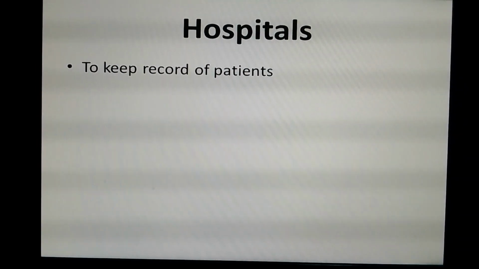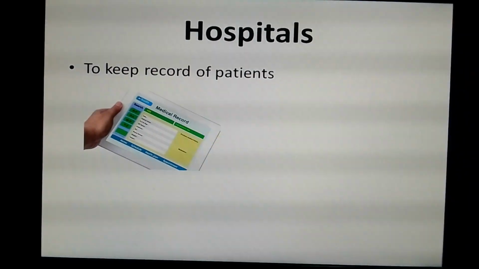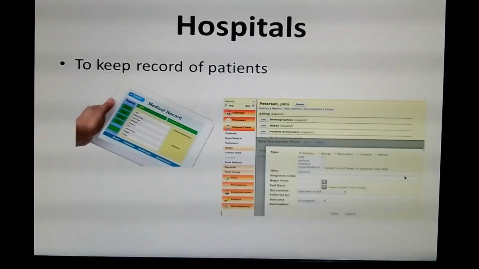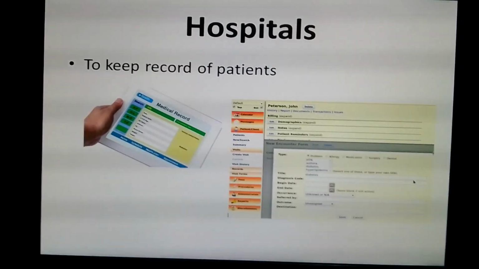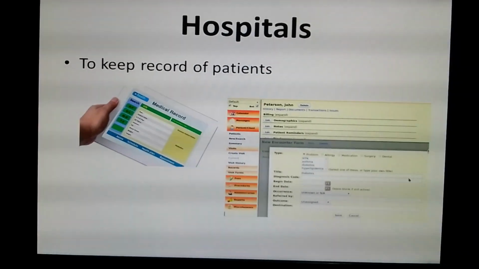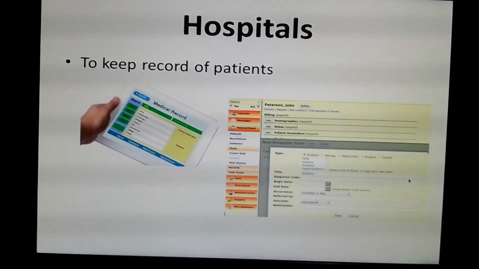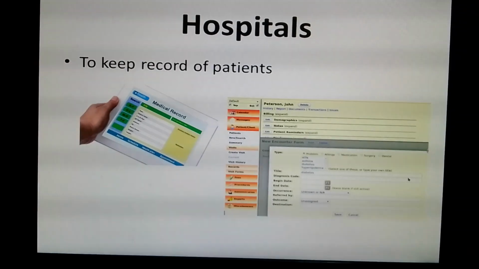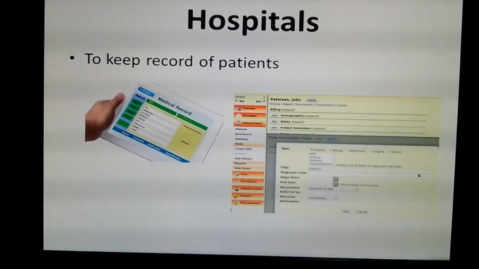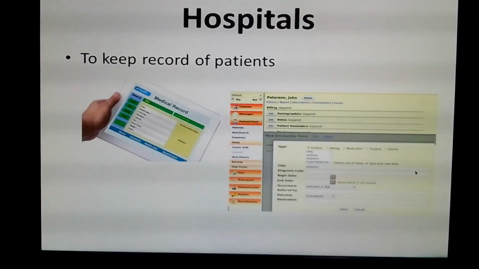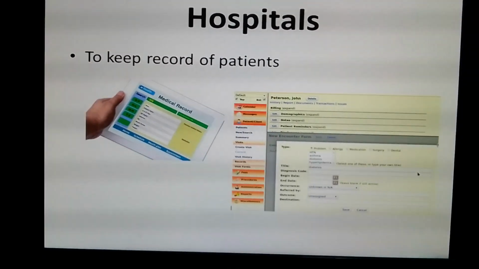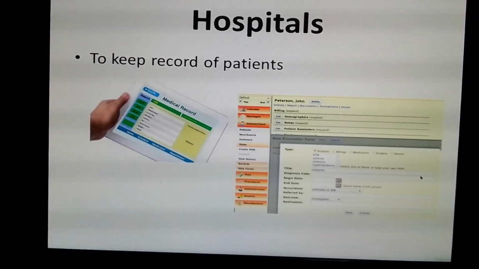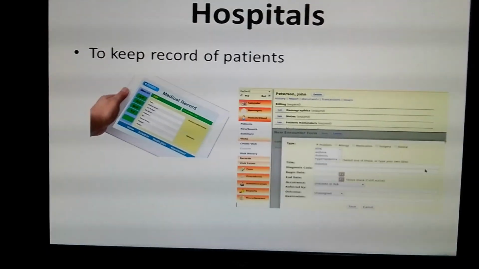In hospitals, computers are used to keep records of patients. When a person falls sick, he visits a doctor in a hospital or a clinic. There, the doctor asks some questions, and based on that, he prepares a record of the person. He writes information like patient name, age, height, weight, and what problem the person is facing.